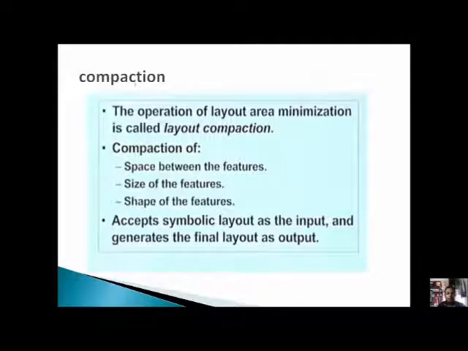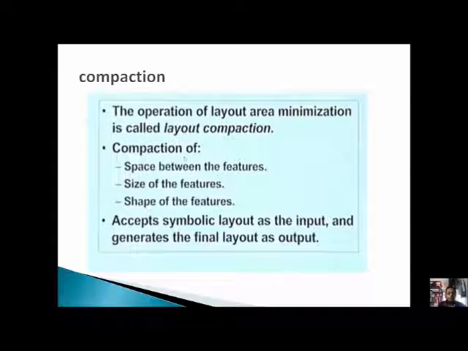First of all, I want to tell you about what compaction is: compaction reduces space. It is observed in layout. The operation of layout area minimization is called layout compaction. With layout compaction, we can reduce 20 to 30% of the space which is left out in the chip after the routing.